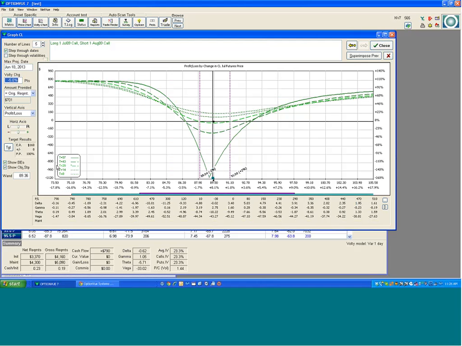So if 29 days were to go by and the market really didn't move, we need the implied volatility to decrease by 5 percentage points in order to essentially break even on this trade.